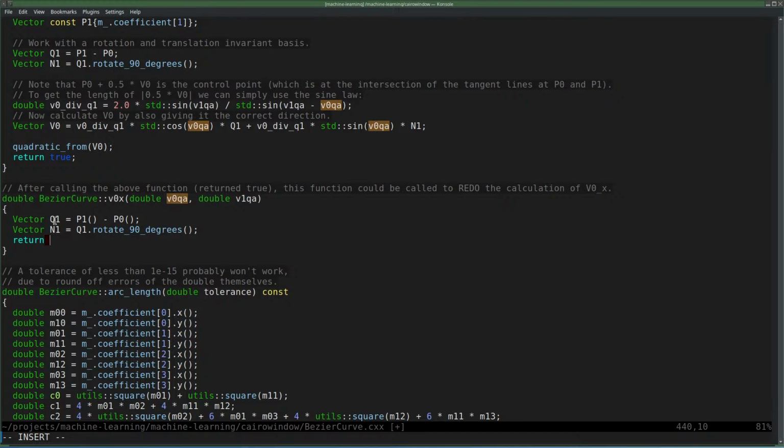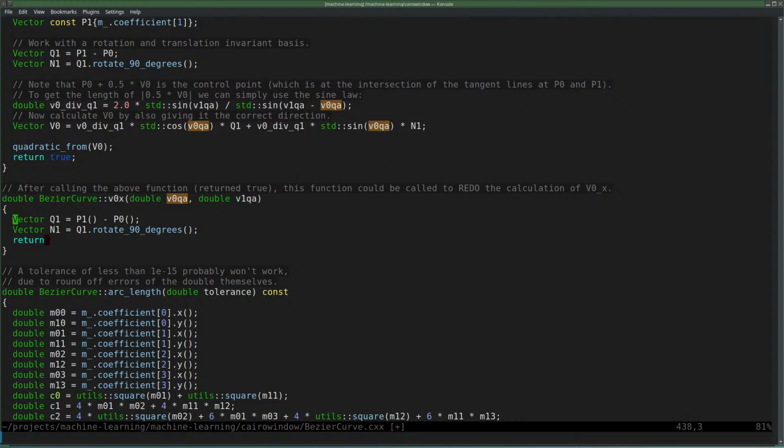Maybe I should pass a Q1 and an N1 here as well, because I probably need that continuously, or am I mistaken? No, I don't. I only need it for this function. I only need the x coordinate of these two. Let's do that.